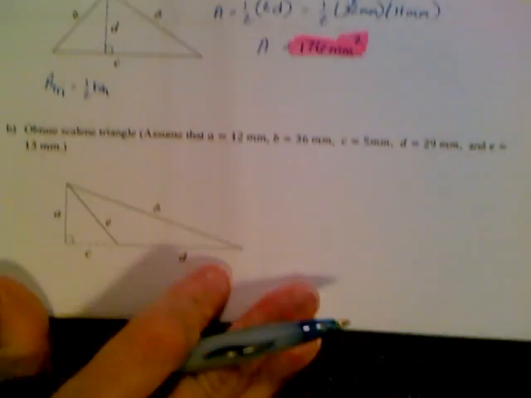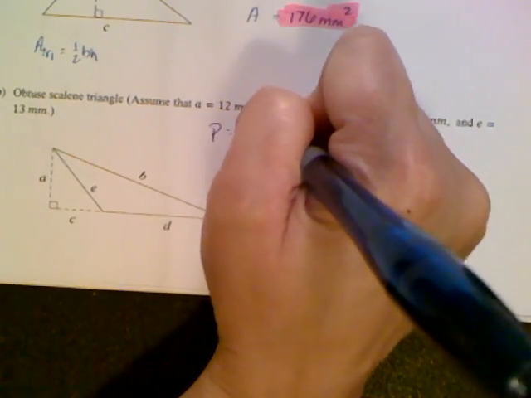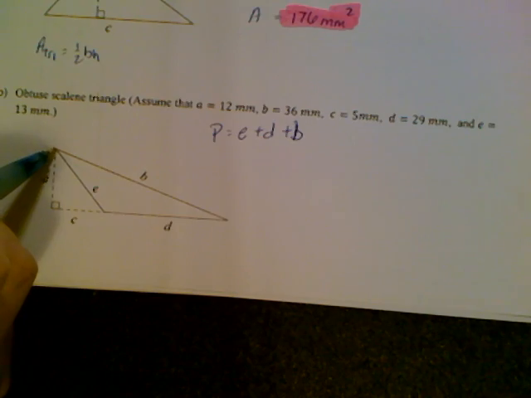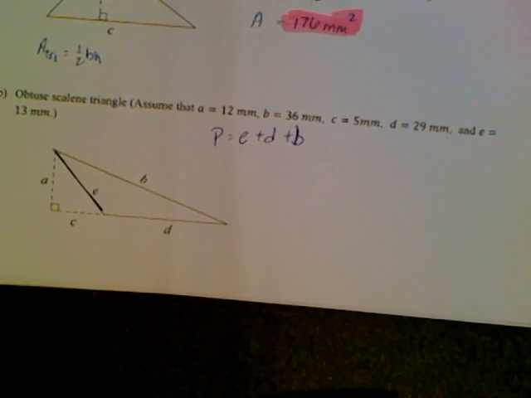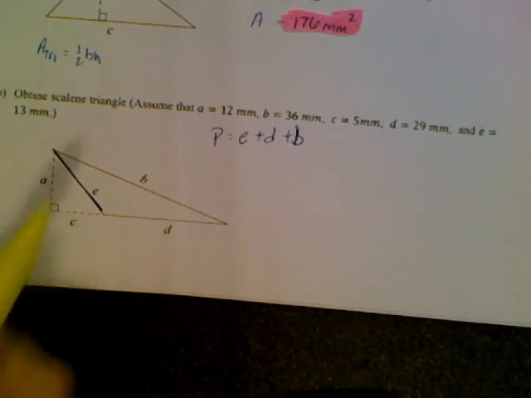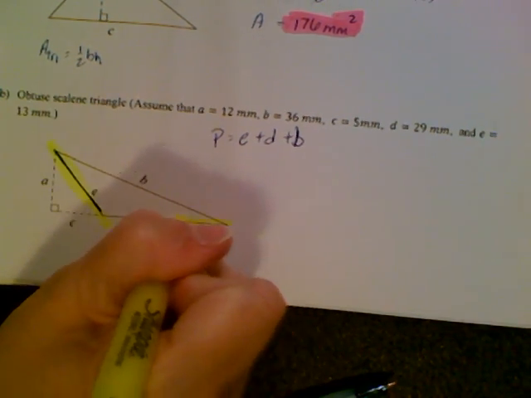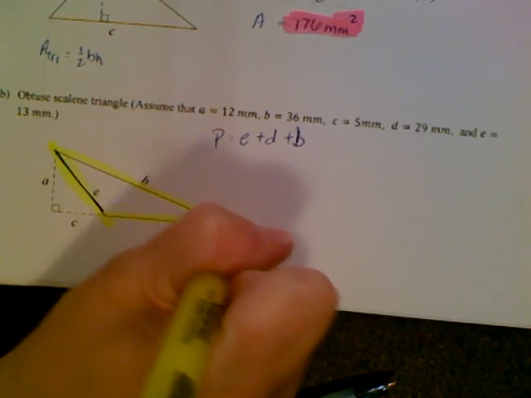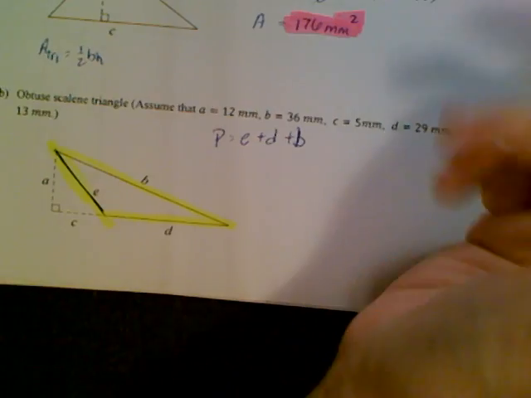Now, for the obtuse triangle, we have the perimeter of E plus D plus B. Notice that I did not add this piece. The perimeter is strictly the part around the triangle. So it is going to be E, D, and B. That is what my perimeter is going to be.